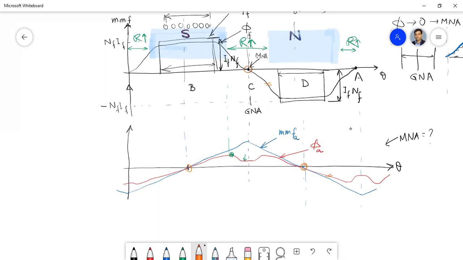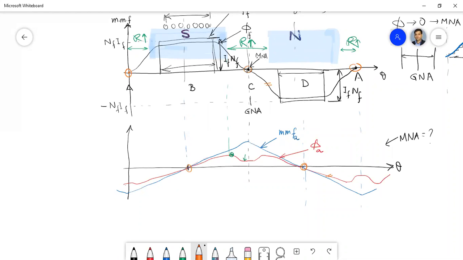Is my point clear? Sir, here there are two different positions for MNA, whereas in the field coil there was only one position. No, field also always has two, because here the flux. Okay, so here you see these two are the same point.